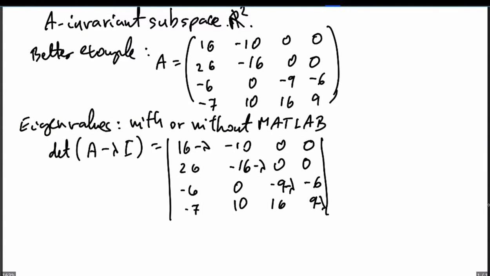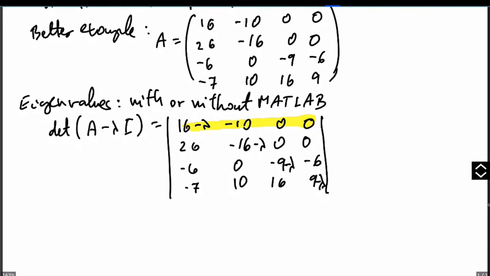So subtract lambda from the diagonals, and then a good place to start is with the first row to evaluate. We have 2 0 entries. That makes it a little bit easier to evaluate the determinant. So it's 6 minus lambda times the 3x3 matrix that we obtain by covering the first column and the first row.